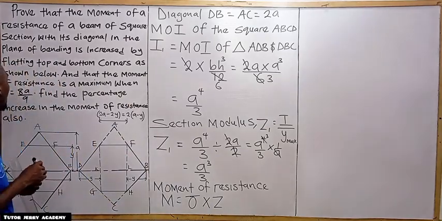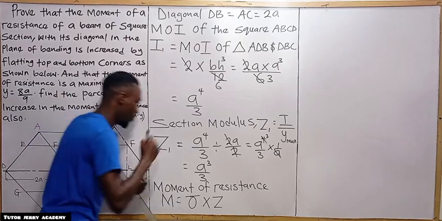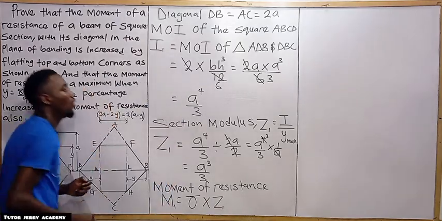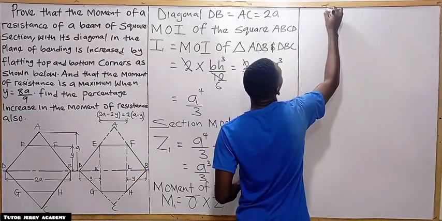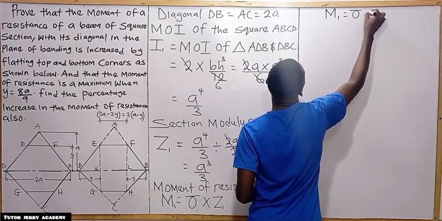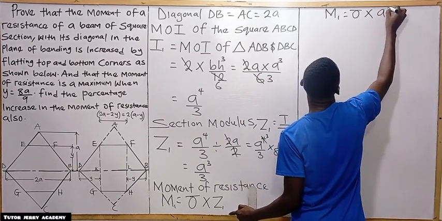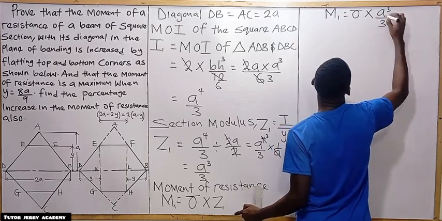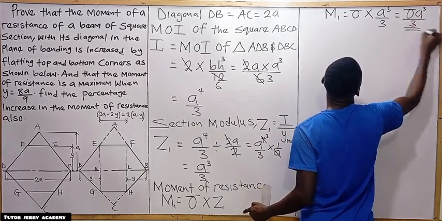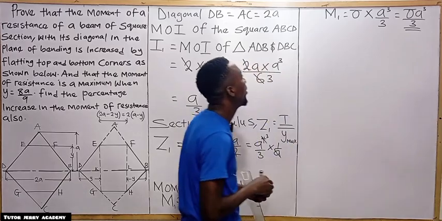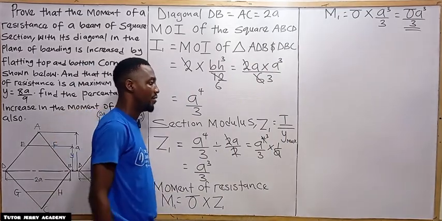So M1 is equal to the stress multiplied by Z1, which is A cubed all over 3. So the final solution is stress times A to the power of 3 over 3. This is the calculation for the moment of resistance of the square section.